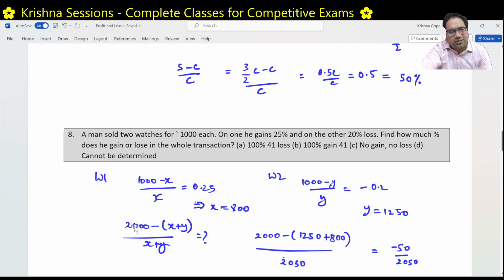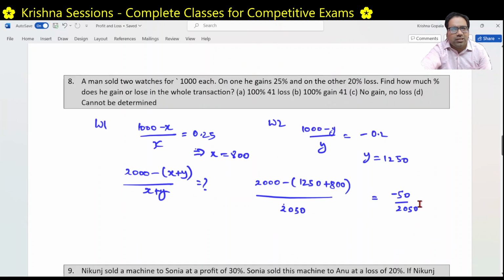So, total sales price minus total cost by total cost is equal to 2,000 minus X plus Y, which is 1,250 plus 800, by total cost price 2,050. 2,000 minus 2,050 by 2,050 is equal to minus 50 by 2,050. What is minus 50 by 2,050? 50 by 2,050 is equal to 1 by 41.